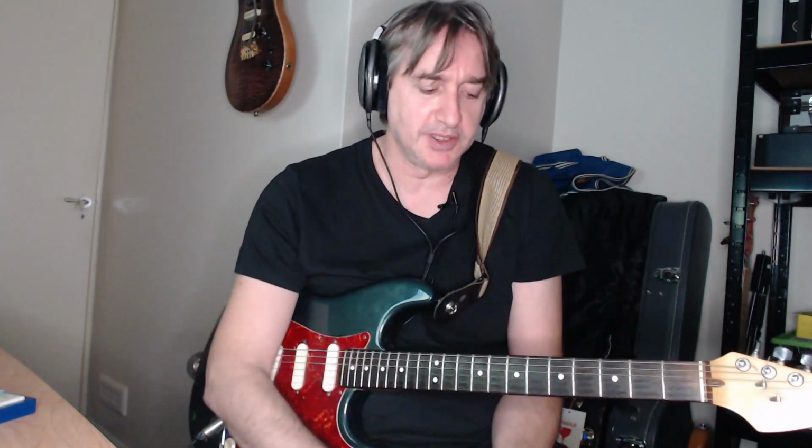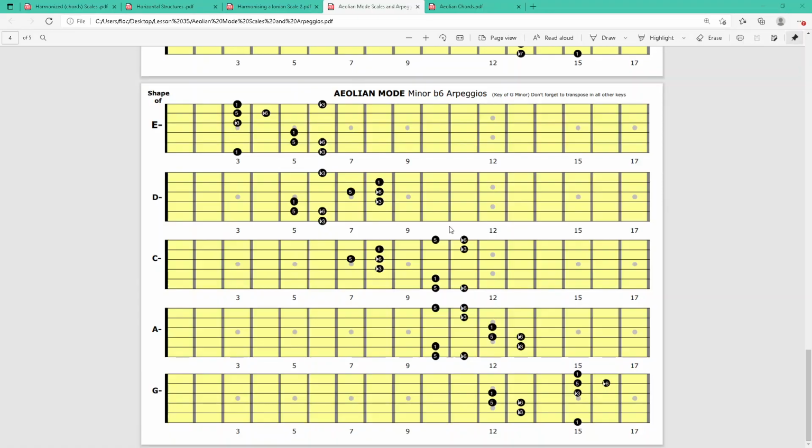Why do I know that? Well, because harmony and theory told me. Because sometimes when you see it on paper, rather than trying to figure it out on guitar, you see it on paper and then you transfer it to guitar. It makes your life so much easier. So, just to conclude this part, as you can see, for the Aeolian mode, I added the minor flat 6 arpeggios because that's the main difference with Dorian.